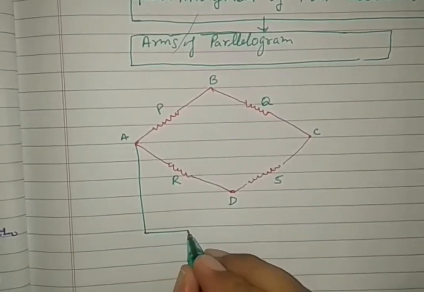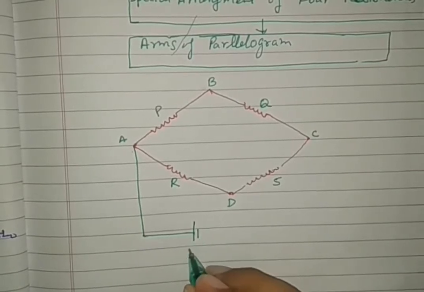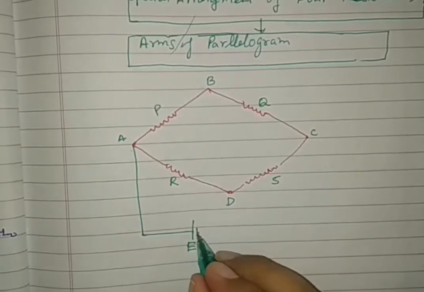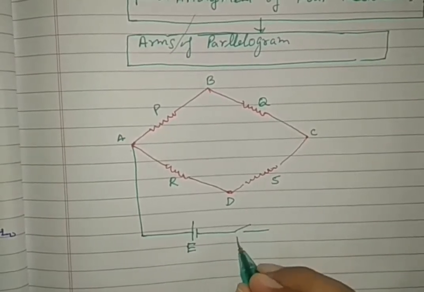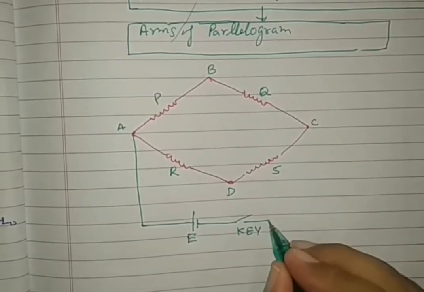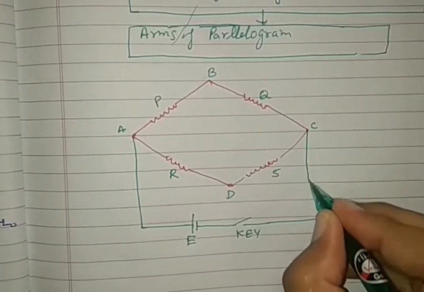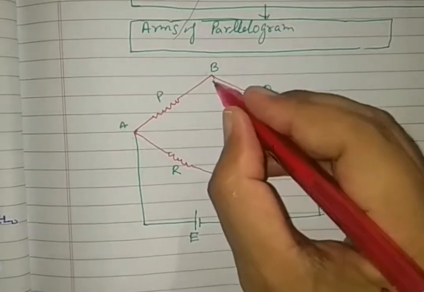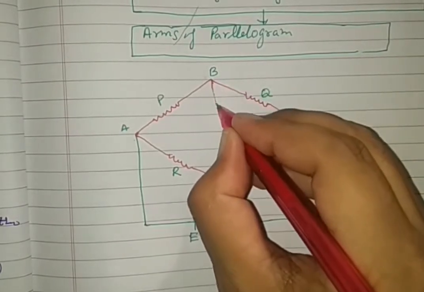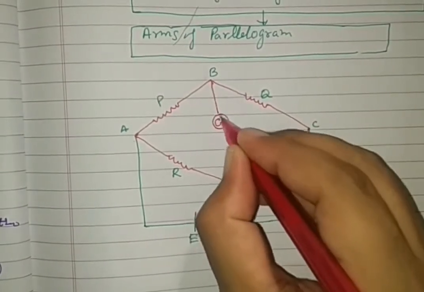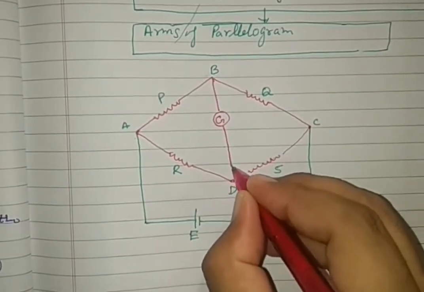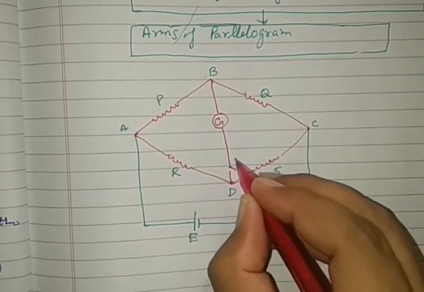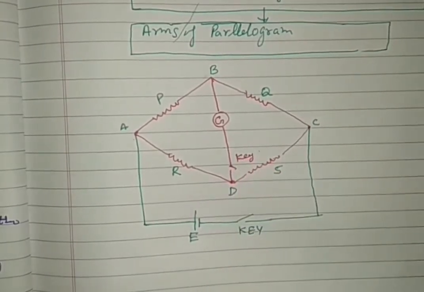it is first connected with the supply, an EMF cell or battery. Thereafter it is connected with a key, and then with point C. Between the other diagonal of the bridge, a galvanometer is connected, and here a second key is connected.